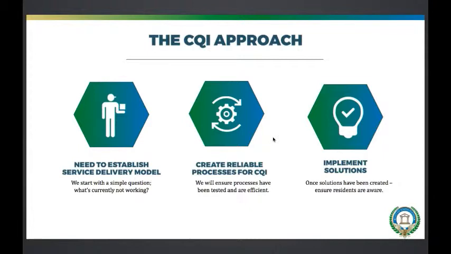And so once we create this process, I think the next piece is implementing a solution. And so in doing so, we look at the process that we've created, we implement it, and then we measure if this solution is being successful. So that is the CQI approach, and it is really the basis for doing business in the city of South Fulton.